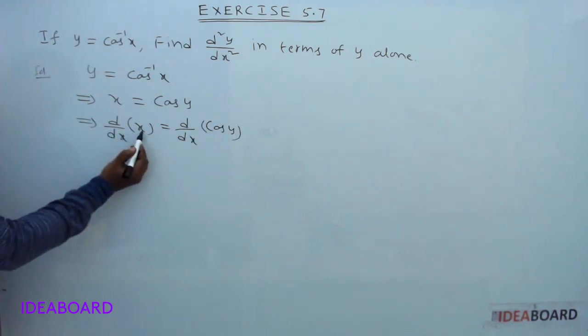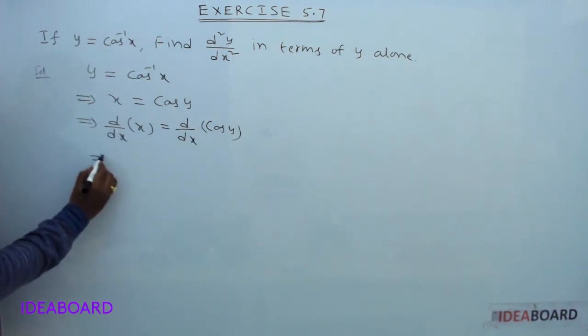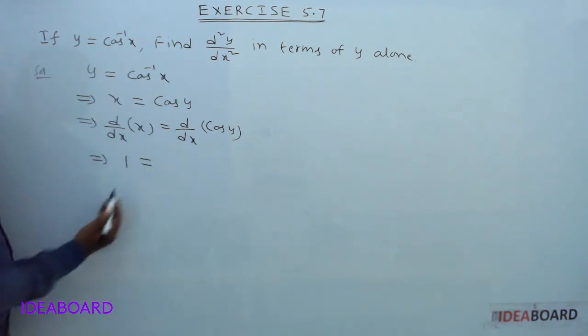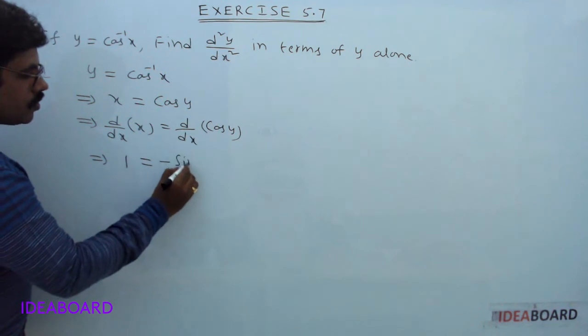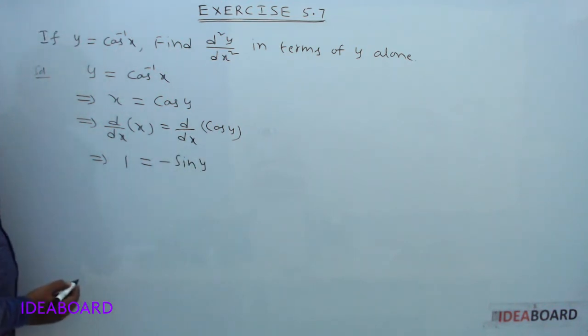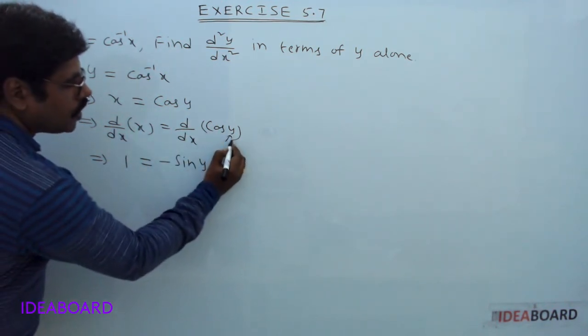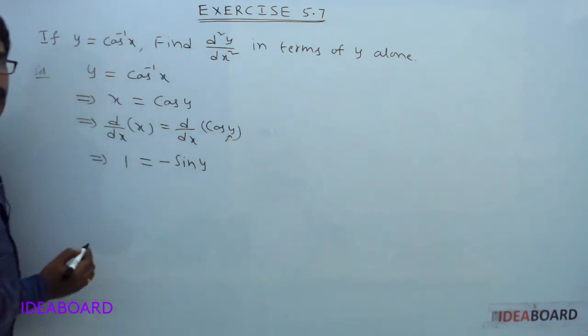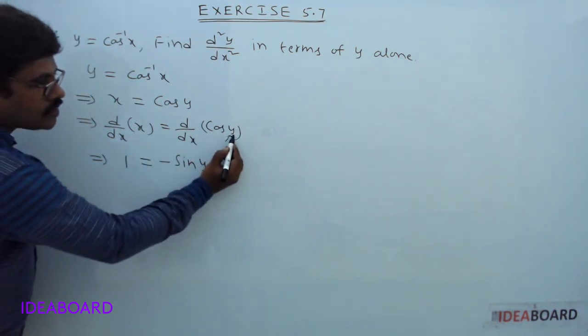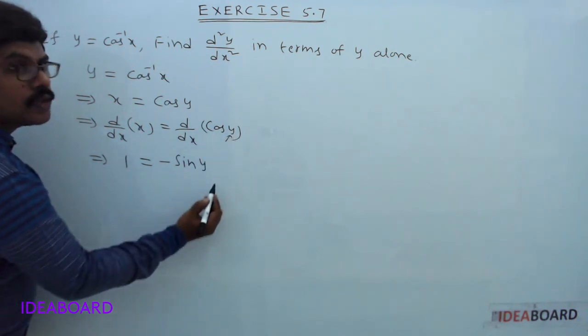Now the derivative of x with respect to x is 1. This equals the derivative of cos y, which is minus sin y into the derivative of the angle of the cos function with respect to x. Here, what is the angle of the cos function? y.